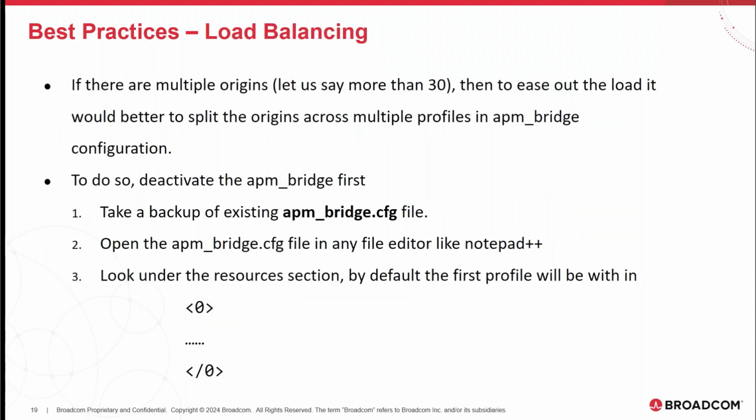Now, let us say you have an environment with 30 to 40 origins. Having a single profile for APM bridge makes it hit the UIM API, especially since APM bridge depends on the UIM API in the backend to get the computer system details.